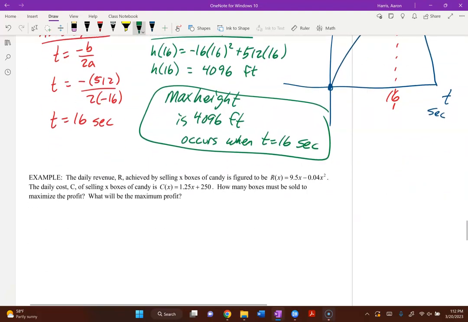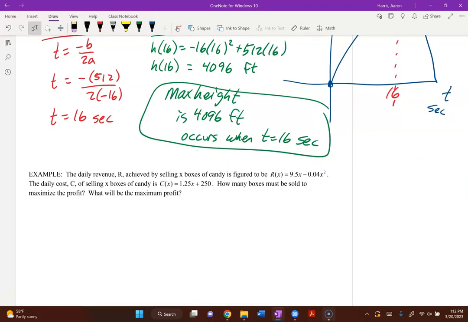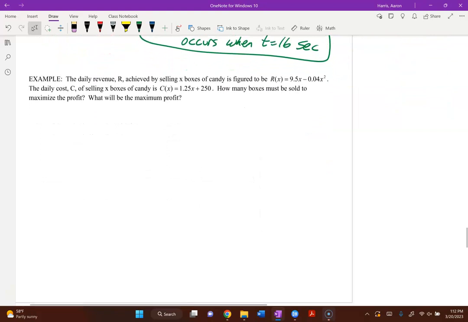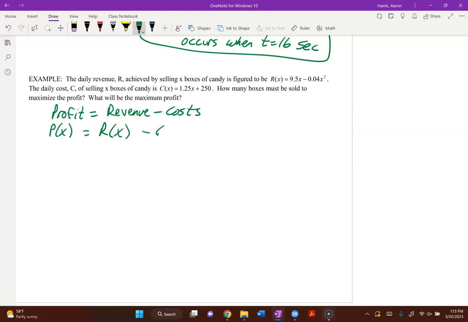All right, let's go to this daily revenue now. So if you remember profit, your profit is your revenue, however much money you bring in, minus your costs, right? So if you're coming up with a profit function, you got to subtract the costs from the revenue. So let's do it for this one.